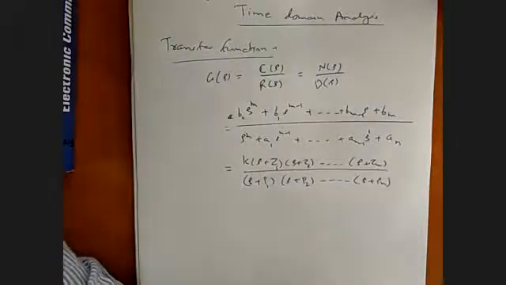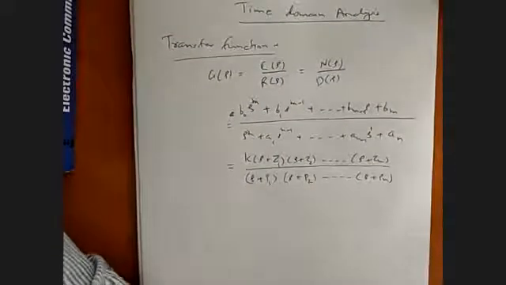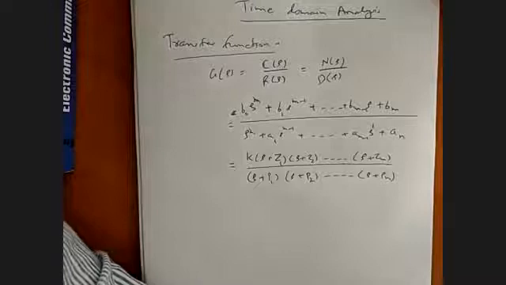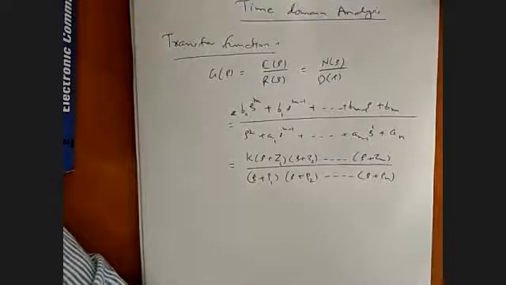Because numerator is having s to the power m, so we will be having m roots, and denominator is having s to the power n, that means we will be having n roots.